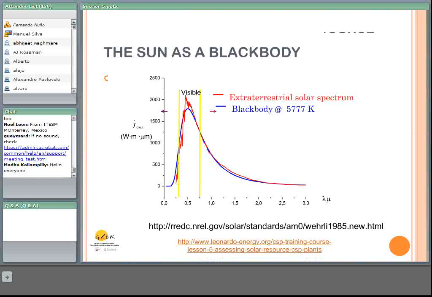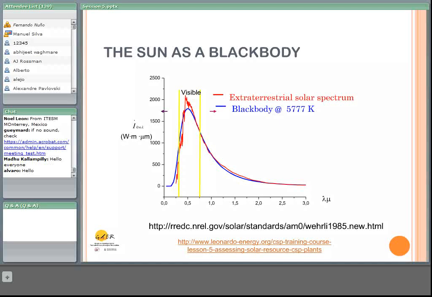However, when the solar radiation reaches the top of the Earth's atmosphere, the radiance is significantly less. In this slide, we can see in the red line the extraterrestrial solar spectrum on top of the atmosphere, before any interaction of the solar radiation with the atmosphere.